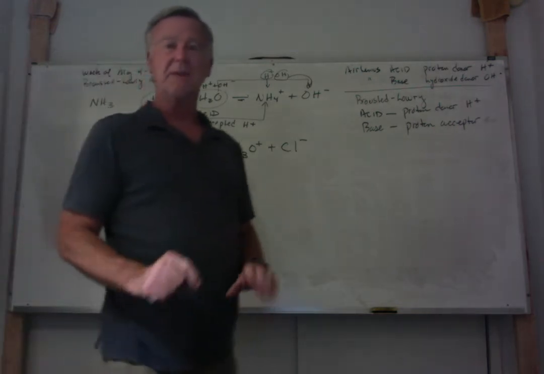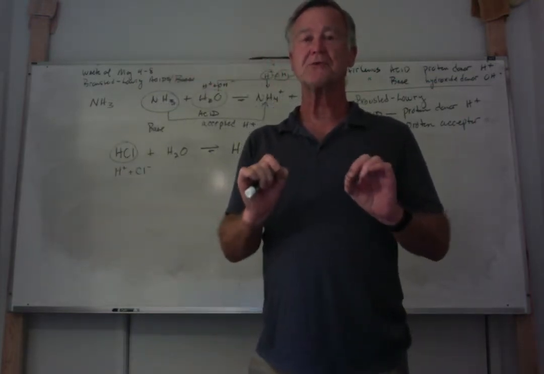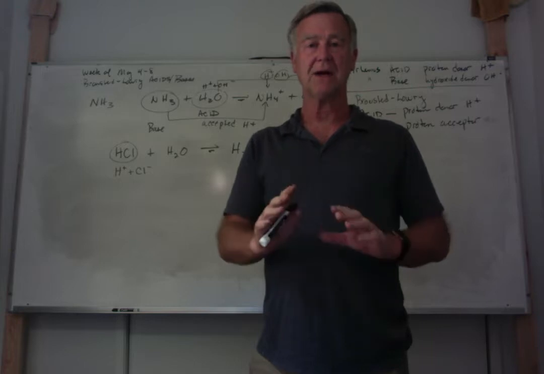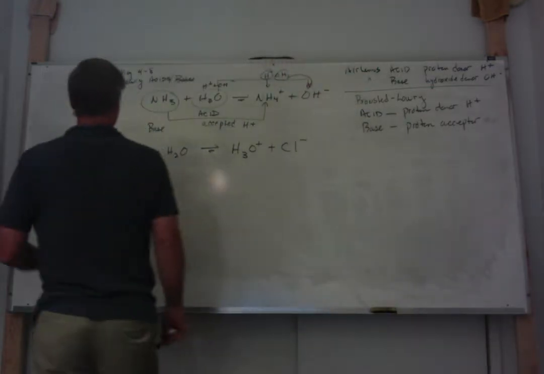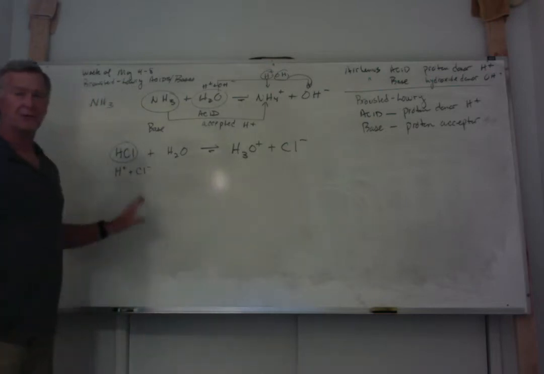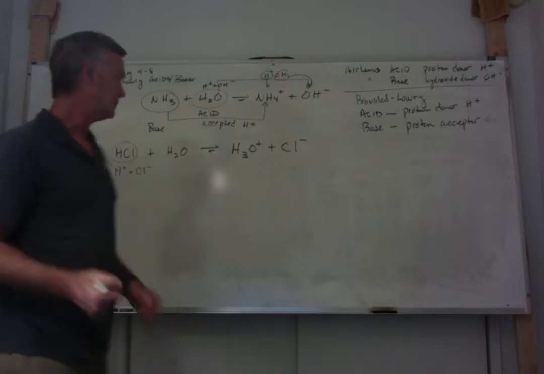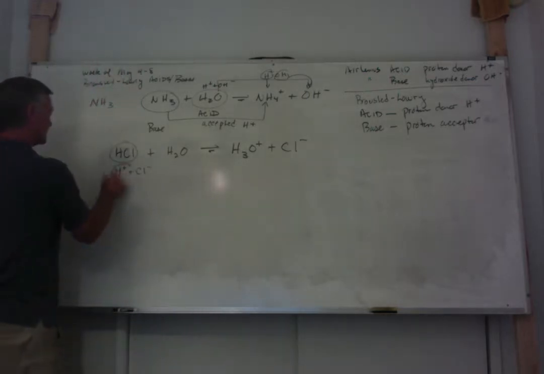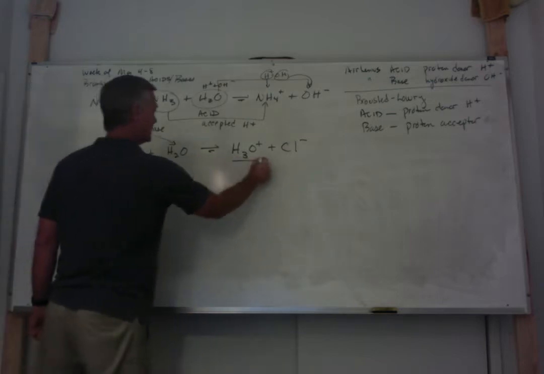H+, a proton, is one of the most reactive ions in the universe. H+ will never just float around. It's a tiny positive charge, as tiny as is possible. And this H+ will join with H2O and give you H3O+.